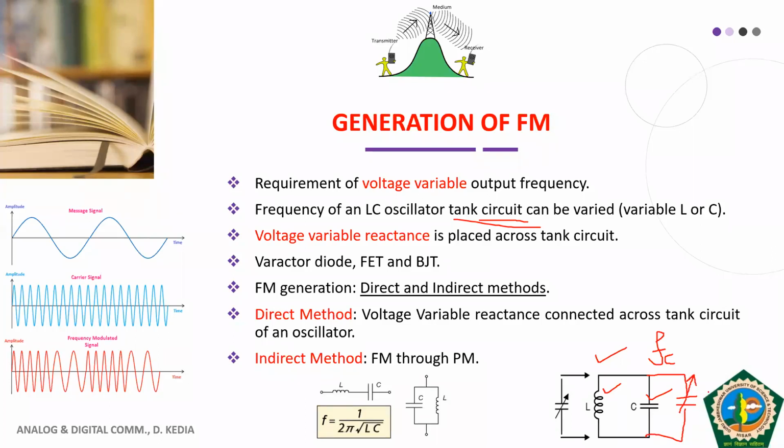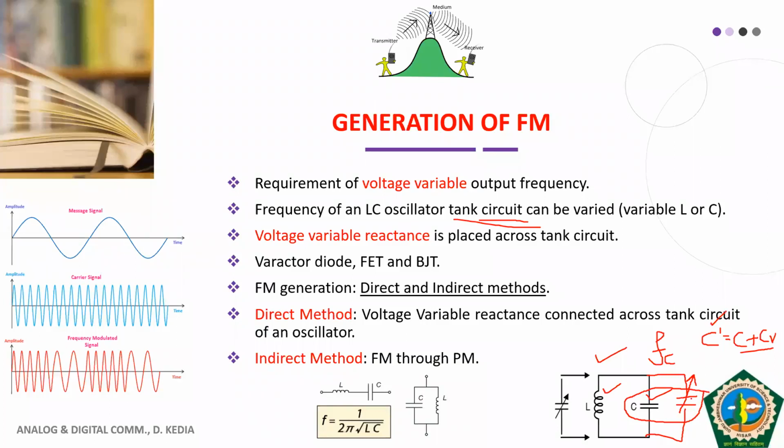Okay, and we know that the equivalent capacitance of this fixed capacitor and variable capacitor will be some capacitance which is voltage variable. Since these capacitors are in parallel, the total capacitance will be, say, some C dash equal to C plus your voltage variable capacitance C. So indirectly you can say that C dash is voltage variable. Fine.